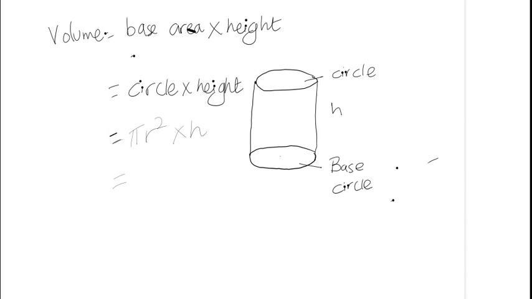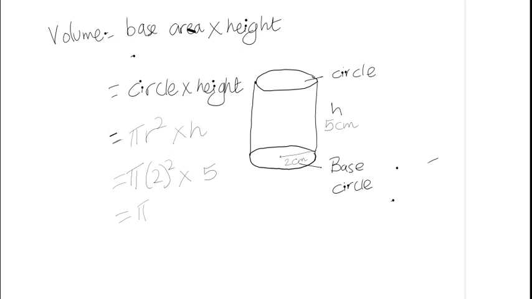So if the radius is, let's say, 2 centimeters, the volume will be pi multiplied by 2 to the square multiplied by h. And if we say that the height is 5 centimeters, it will be multiplied by 5.